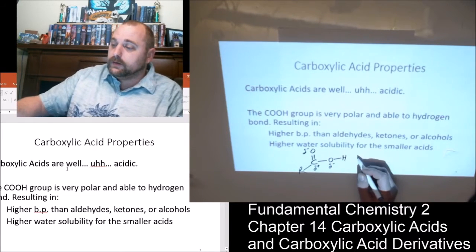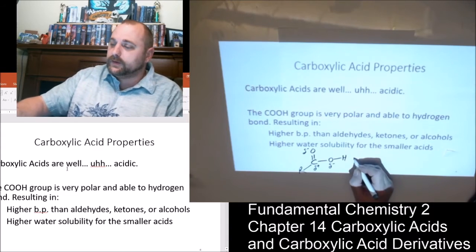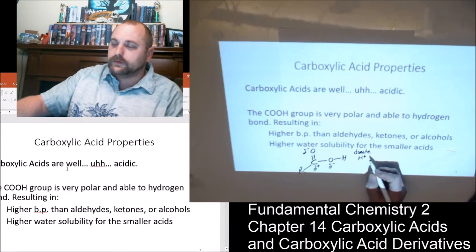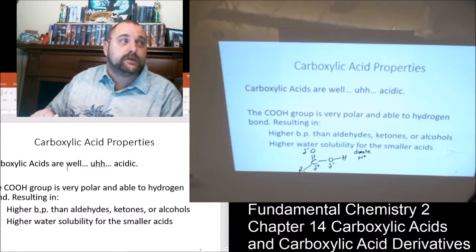Now, when I have this as an acid, remember that it's going to donate H+. That's our definition for an acid.